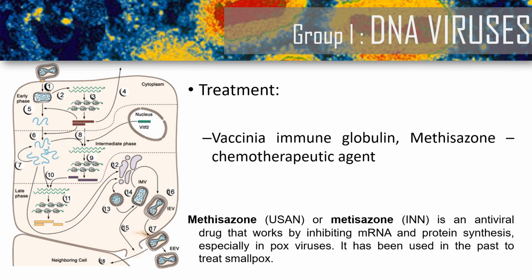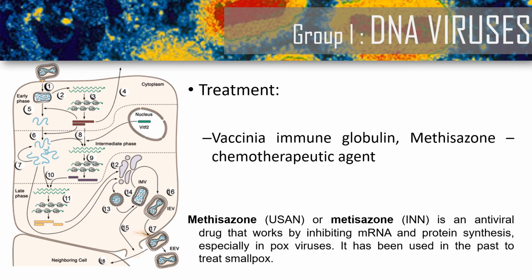For treatment, you have your vaccine, immunoglobulin, then metisazone, at saka chemotherapeutic agent. For metisazone, USAN, or metisazone INN, USAN saka INN is the company name, is an antiviral drug that works by inhibiting the mRNA and protein synthesis, especially in pox virus, class.